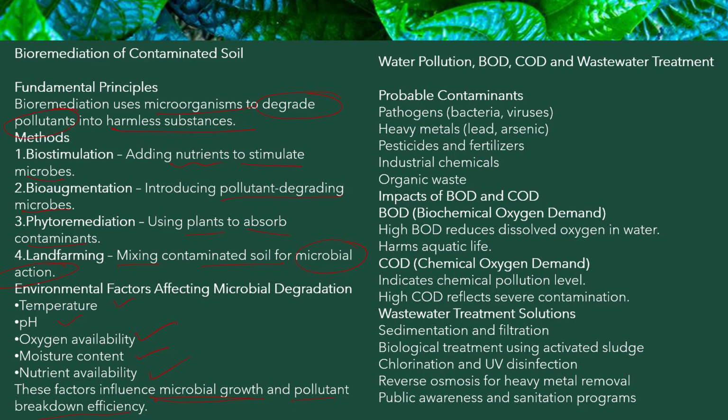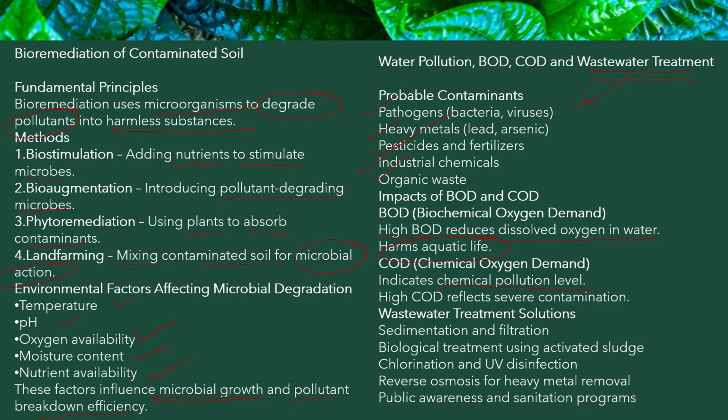Now, some probable contaminants in case of wastewater treatment are pathogens, heavy metals, pesticides, industrial chemicals, and organic waste. When we talk about BOD, biochemical oxygen demand, a high BOD reduces the dissolved oxygen in water, harming aquatic life. Chemical oxygen demand indicates chemical pollution level.